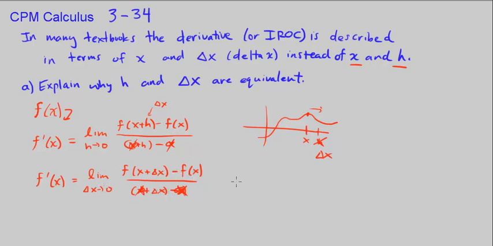So let's look at the question: explain why h and delta x are equivalent. Both h and delta x, what are they? They're just describing a difference starting at x, where you add a little bit. Both h and delta x describe a small difference.